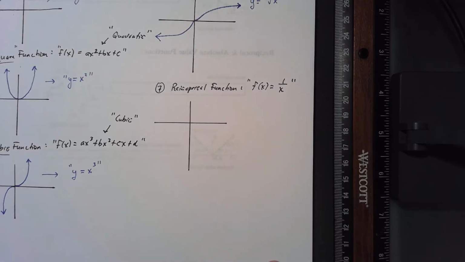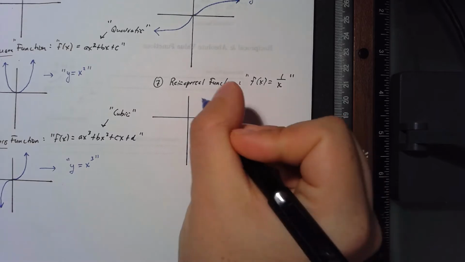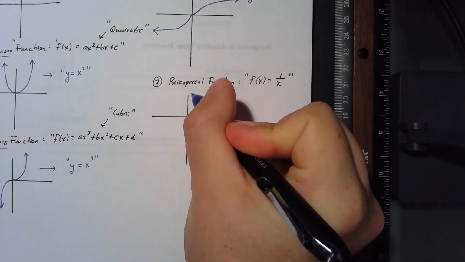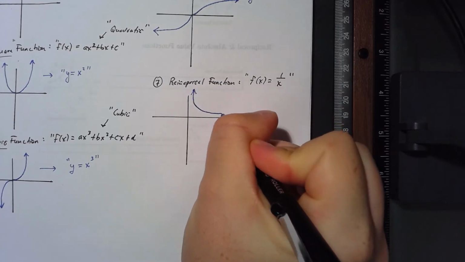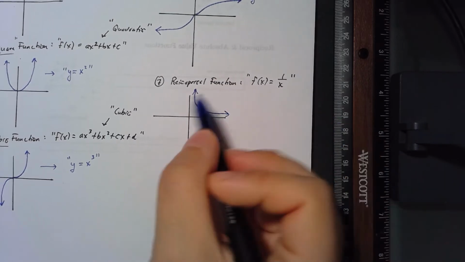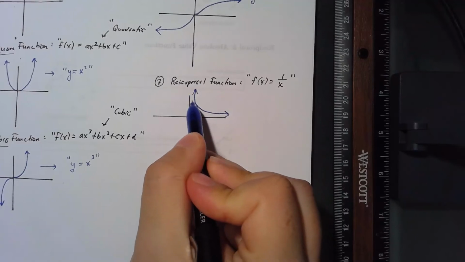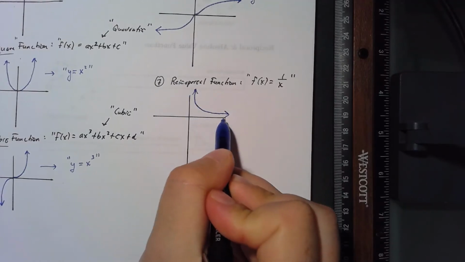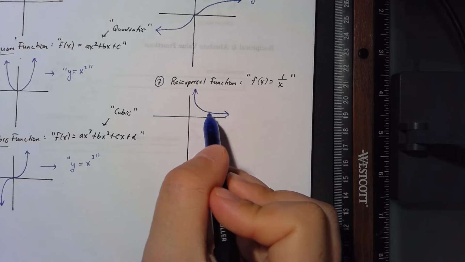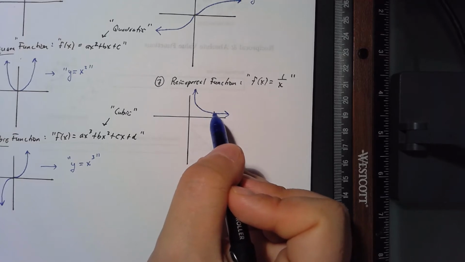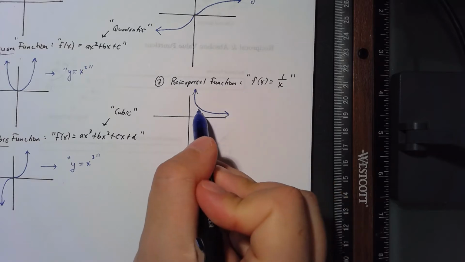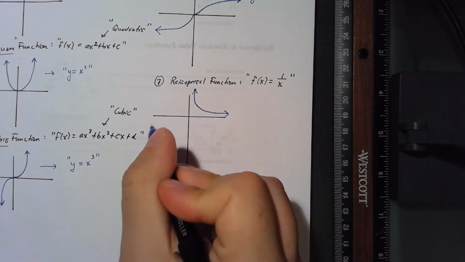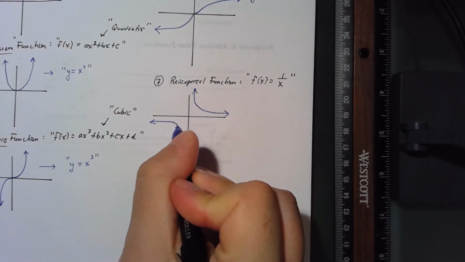But the reciprocal function basically looks like the following. You have a little curvy U like this in the first quadrant. So it borders the y-axis and it borders the x-axis, but never crosses them. This function is actually an odd function, so you could take it, reflect it about the y and x-axis, and get the other side over here.